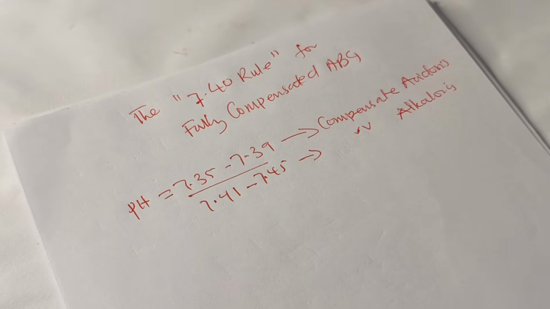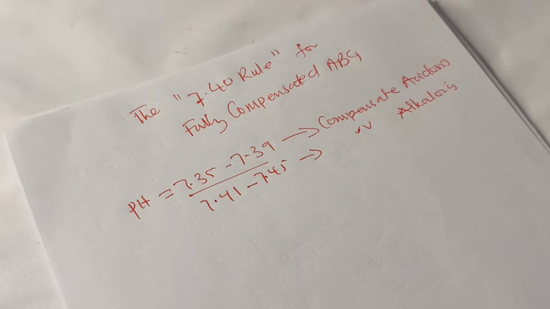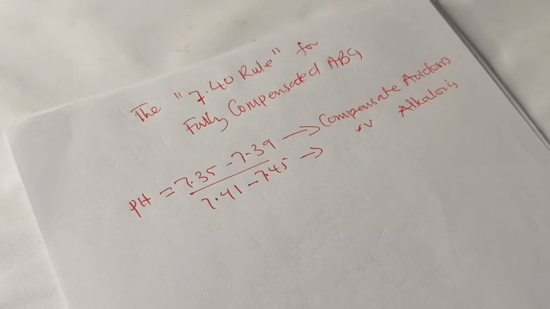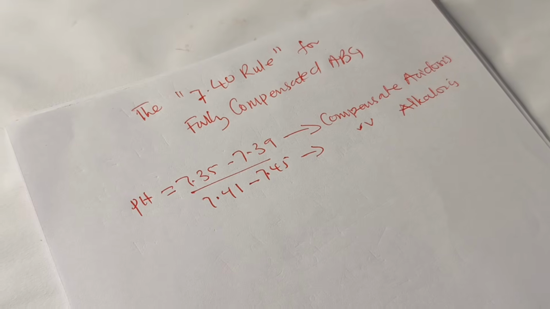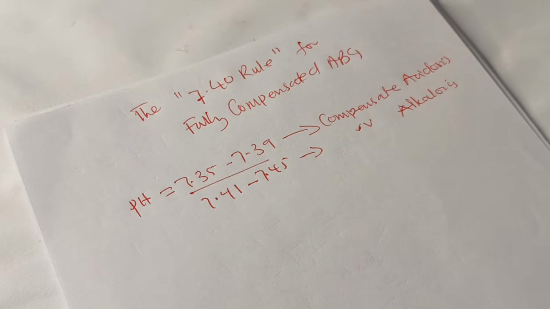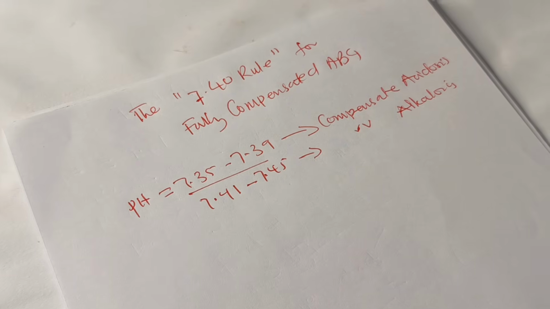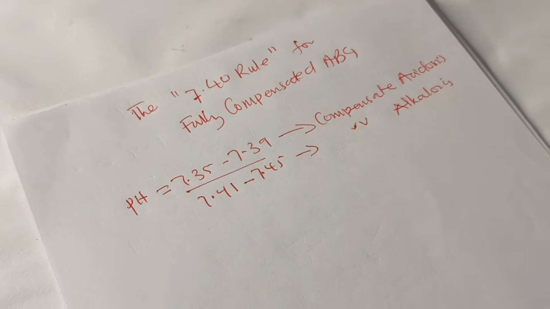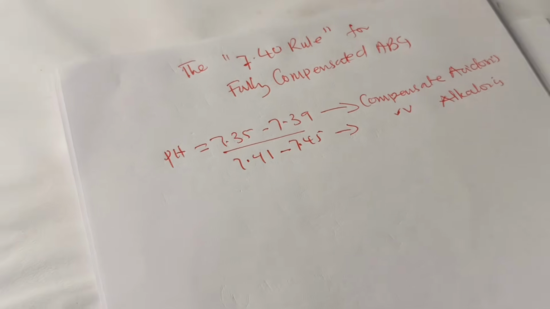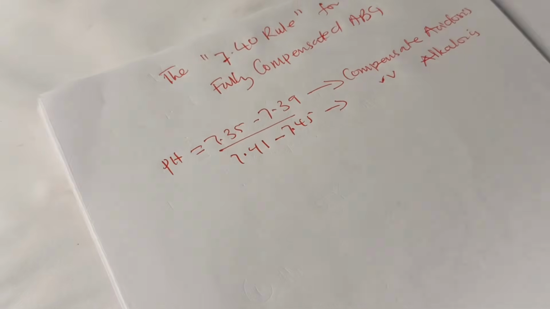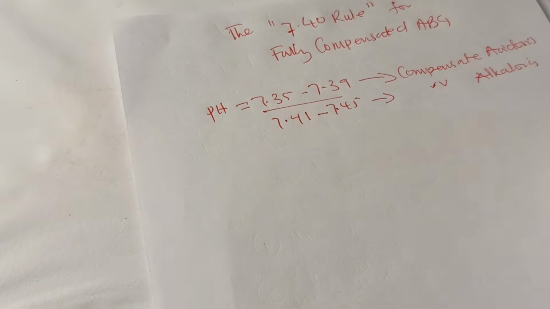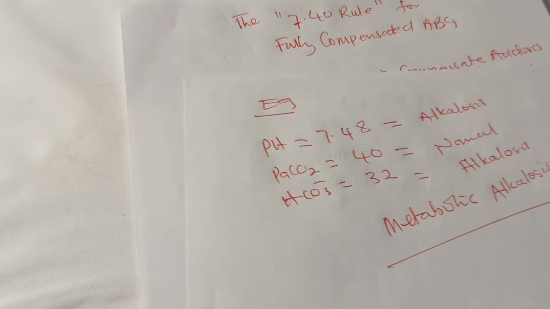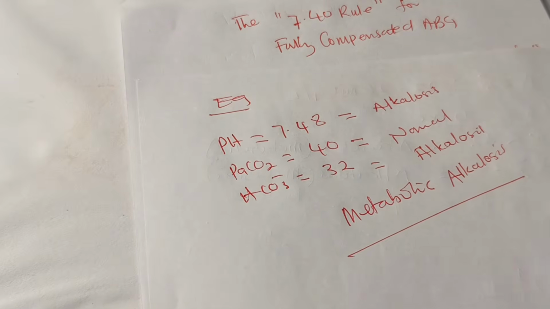And I've told you uncompensated happens when one component, either the bicarbonate or the carbon dioxide, is still within normal and the other one is not normal and the pH is not normal. You understand? Which are the first cases we were solving, whereby one of the components is abnormal and the other one is normal.